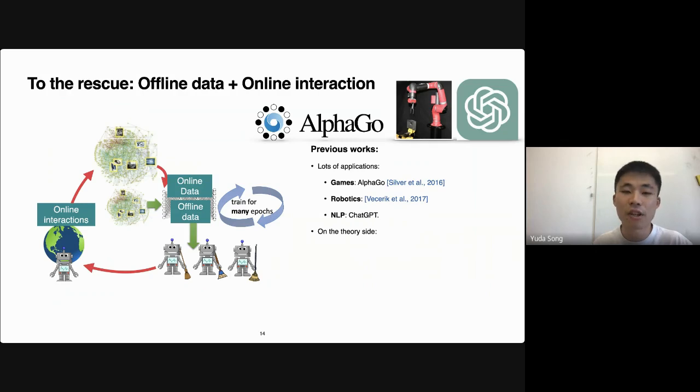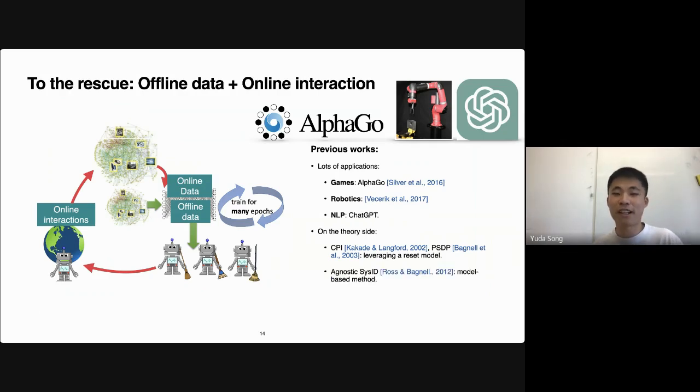And there are also works on the theory side. If you have a reset model, you can do CPI or PSDP. And this is the model-based part that I was hinting at before. So there are already model-based RL works in this hybrid RL setting. But I think the proof technique they used is some no-regret guarantee instead of using known structures.